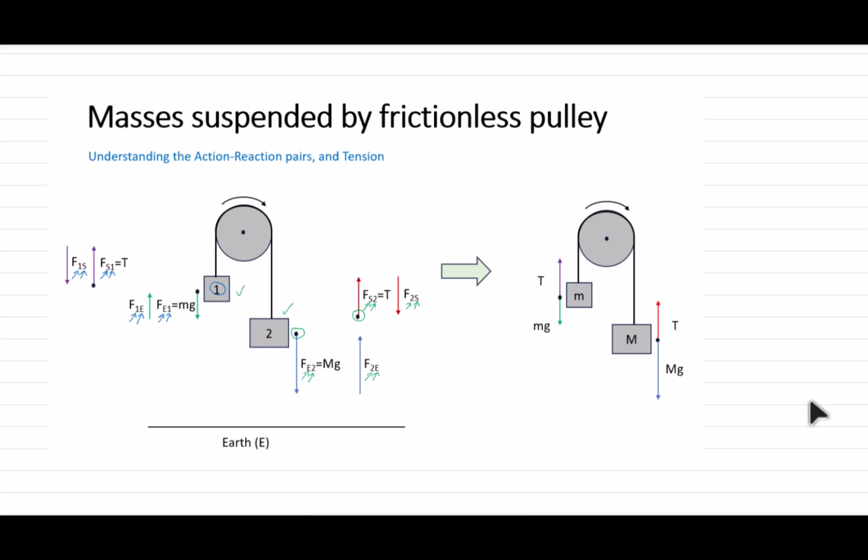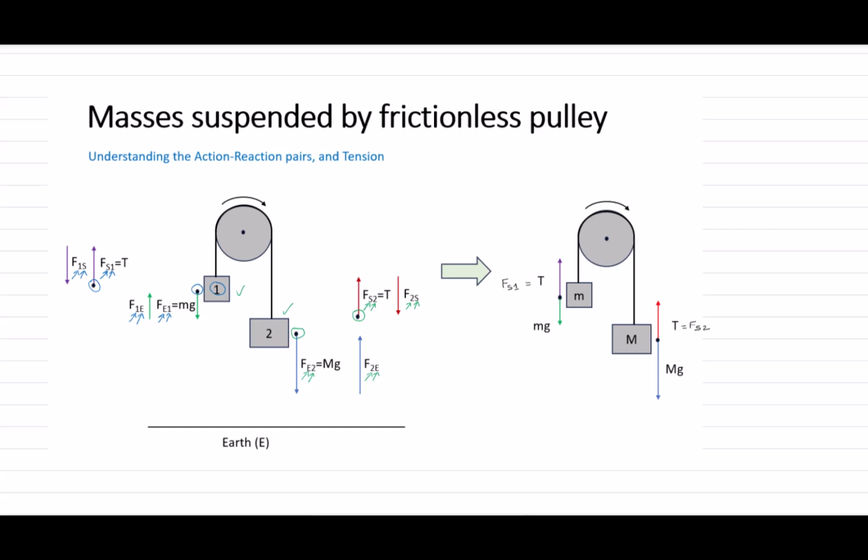So overall, there are two pairs of forces acting on object 1. Let's see which forces act on object 1. As I have indicated with a dot, FS1 is a force acting on object 1, and then we have FE1, which is again acting on object 1.